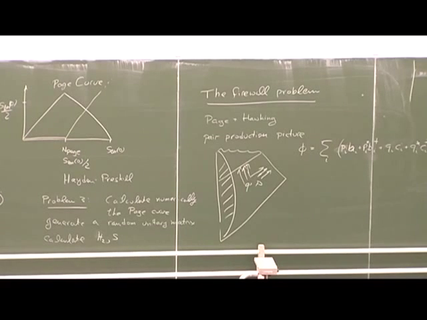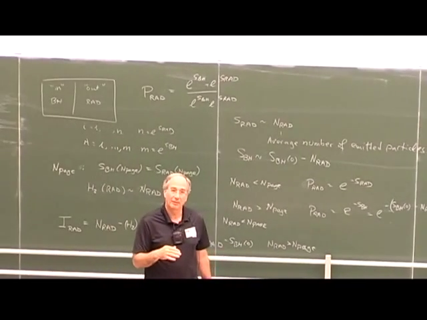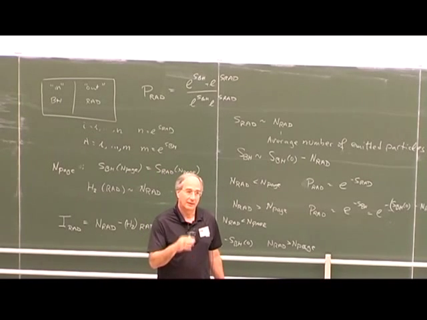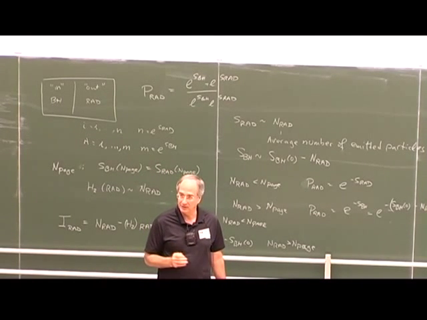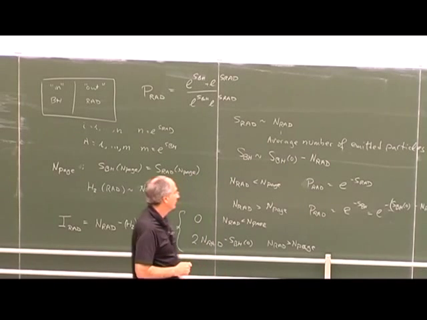And so we need to understand how to describe the q's in the so-called pair production picture. Okay, so what I would like to do is explain now a little bit about the q's, and then we will be able to go back to the firewall problem and describe it. Very good.